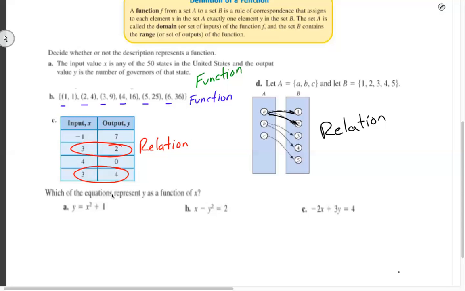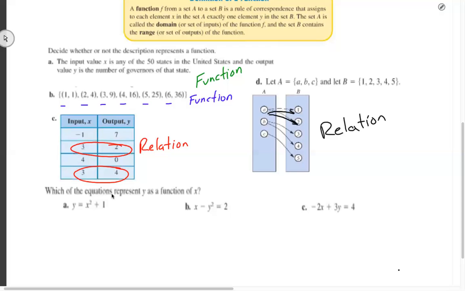So you're just really focusing on that first value, that x value, to determine. And then A is a real life scenario. You just have to talk about it and think about it. Like I said, are there any two governors that are the same? No, not yet. So that's why it's a function.